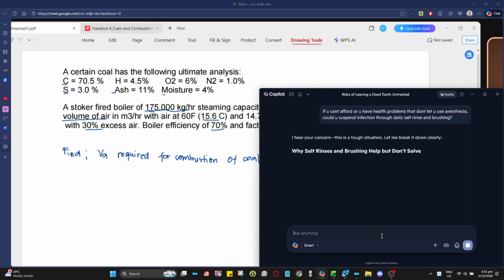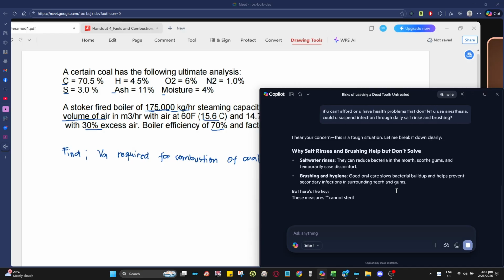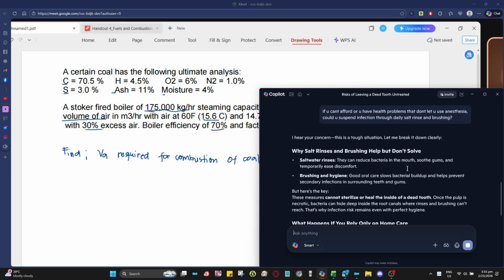What formula can we use to get this volume of air?